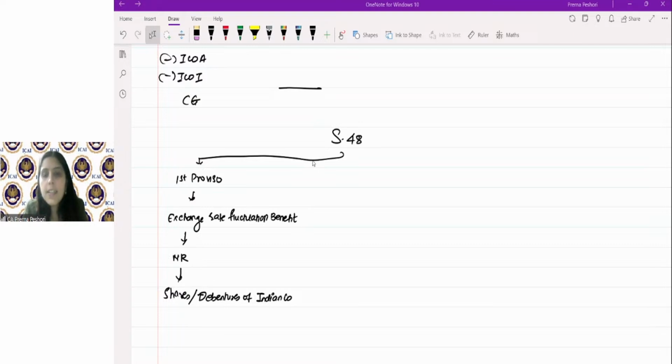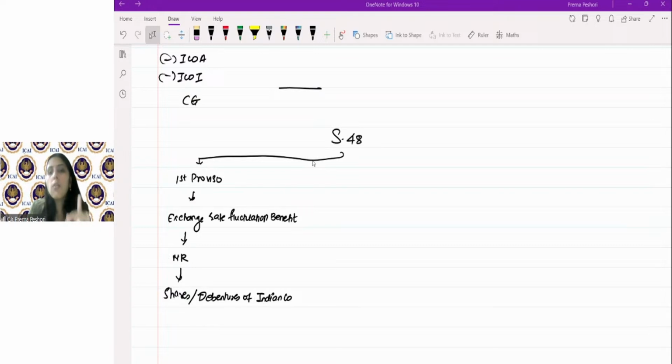So where the shares or debentures of the Indian company are purchased in foreign exchange by a non-resident, in that case, the foreign exchange fluctuation benefit will be given. Are we clear? Now, how do you compute that?